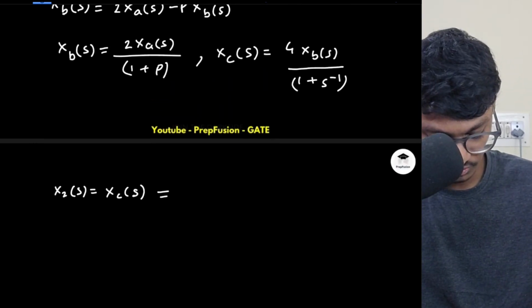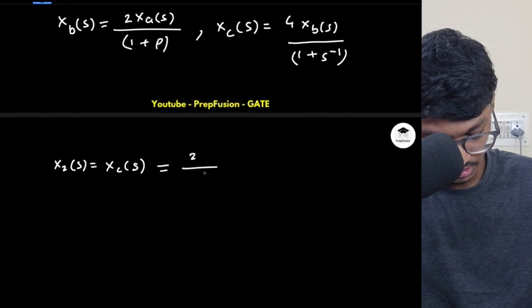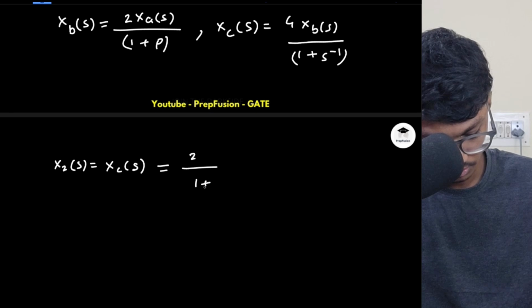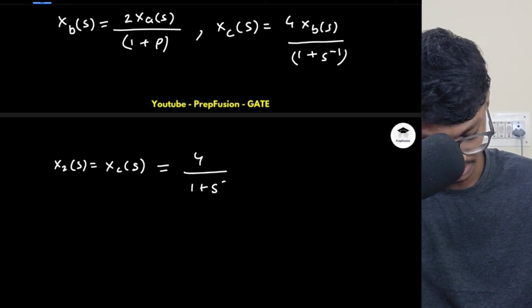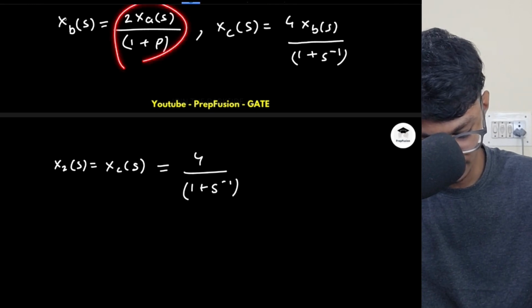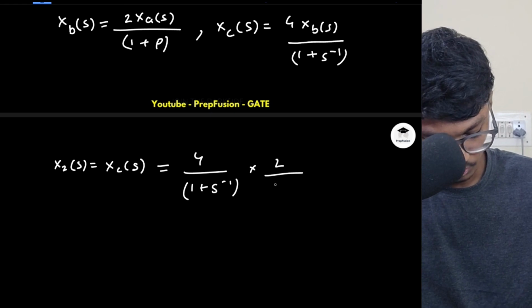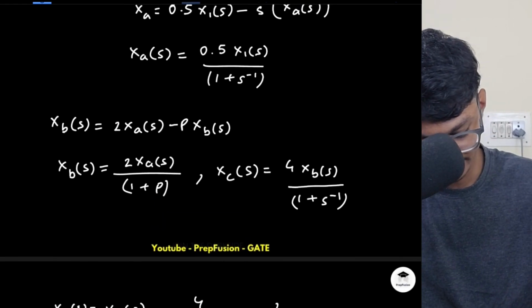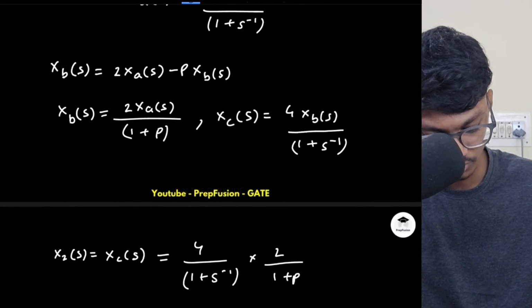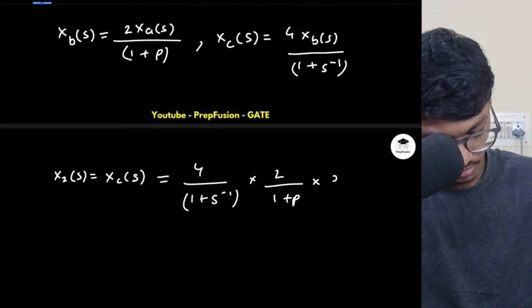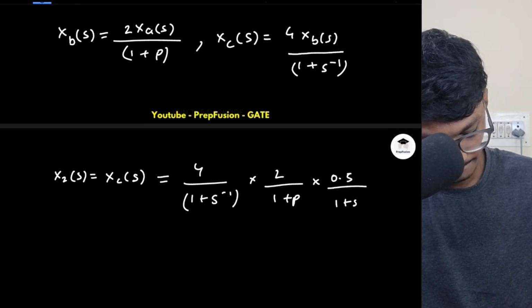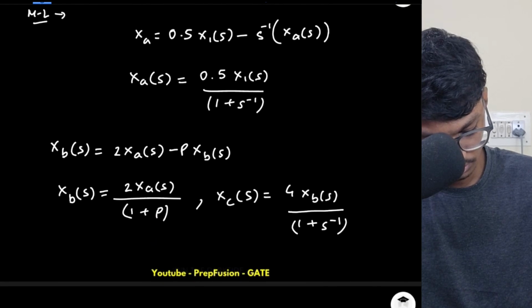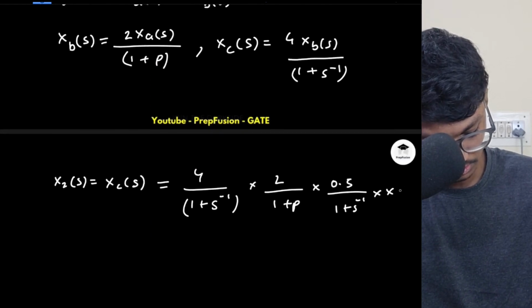Now this XC(s) is equal to 4 times 1 by (1 plus s inverse) into XB(s). What is XB(s)? XB(s) is 2 divided by (1 plus P) into XA(s). What is XA(s)? XA(s) is 0.5 divided by (1 plus s inverse) into X1(s).